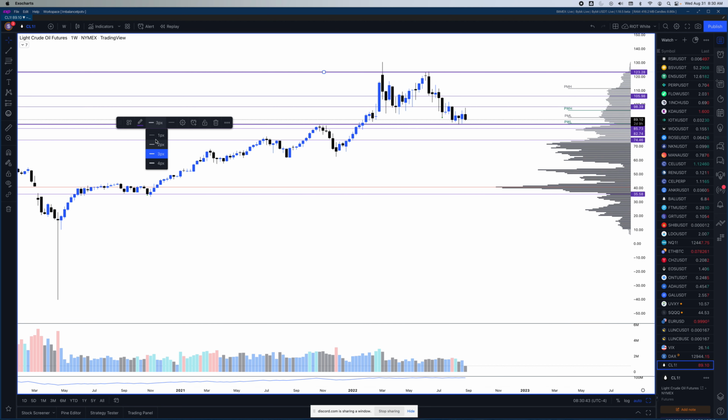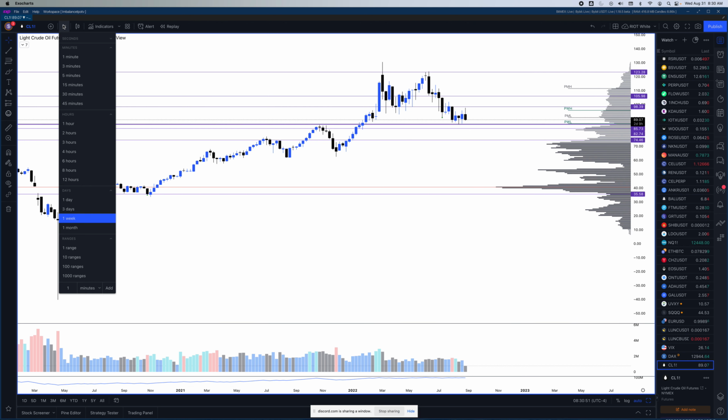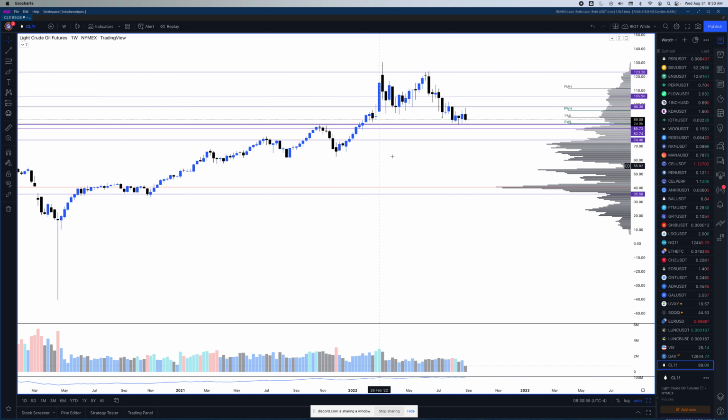Or we drop below. So I don't really see any weekly levels. Let's see.